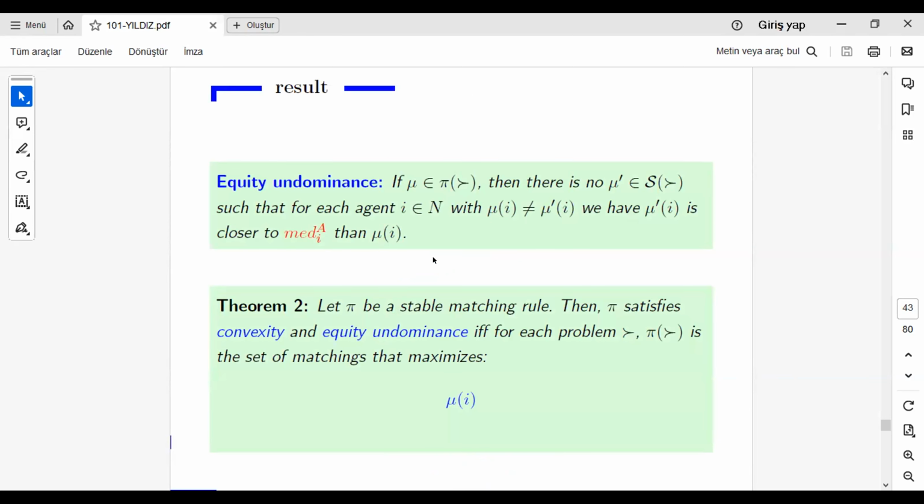Now, as I said, the second theorem is an application of the first theorem.